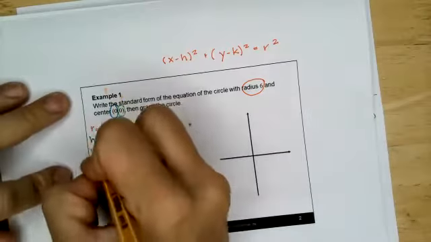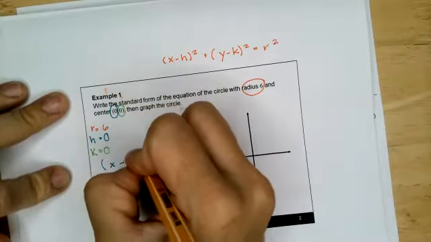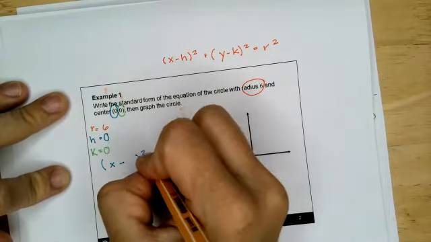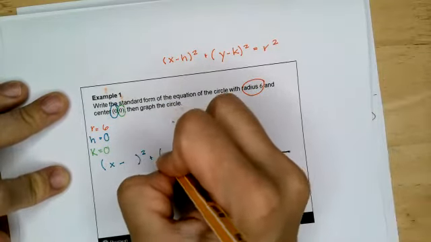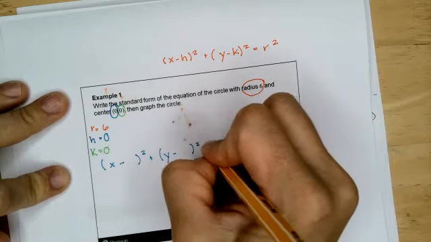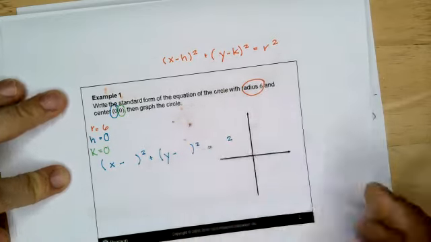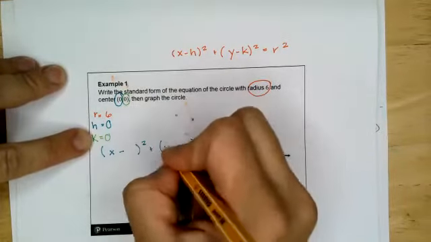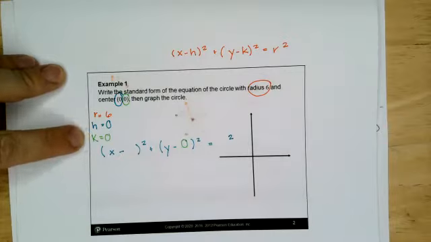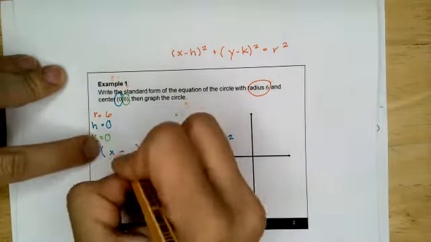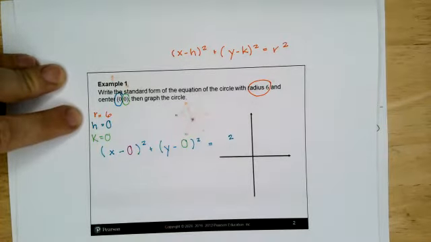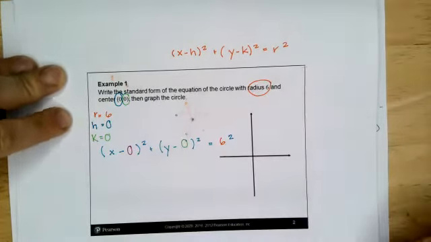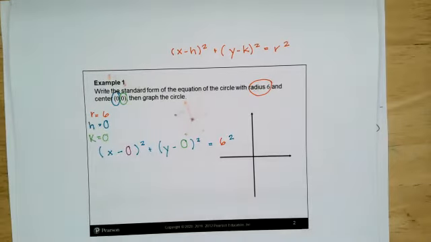I can keep x minus the quantity squared plus y minus that squared equals r squared. Okay, and then I'm going to fill in for k. My k was 0, so y minus 0 squared. My h is 0, so it's x minus 0 squared, and then our radius was 6, so this is 6 squared, right? Substitute each value into the standard form of the equation.